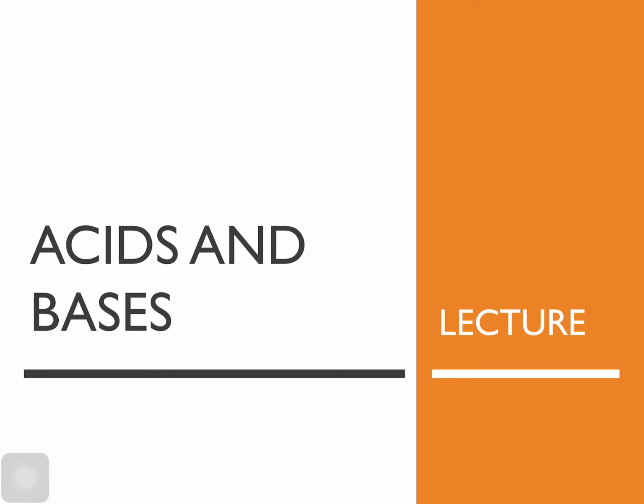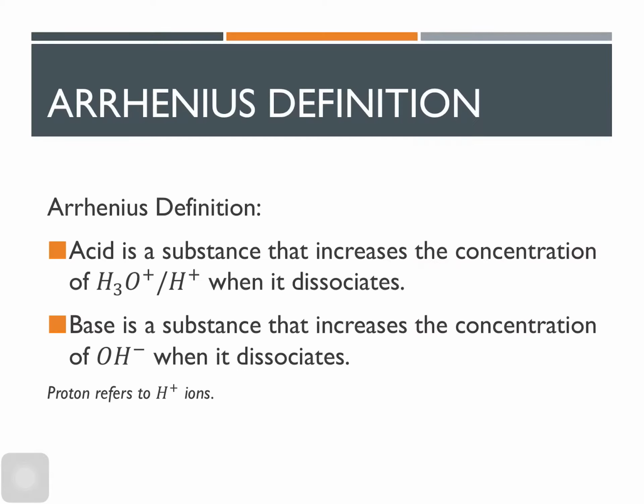For example, we have here Arrhenius's definition. Arrhenius is a chemist, and he defined acids and bases based on the following criteria. According to Arrhenius, acids are the substances that, when you dissolve them in water, the concentration of H3O or hydronium ion increases.